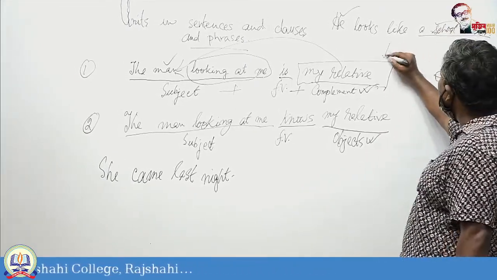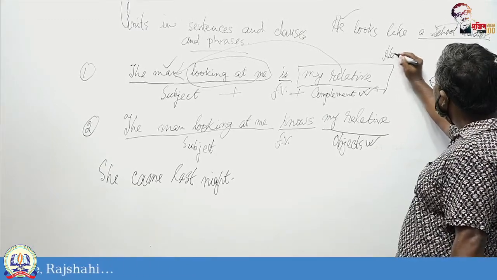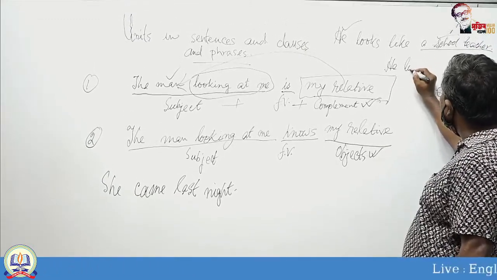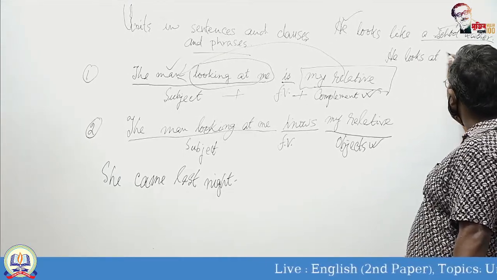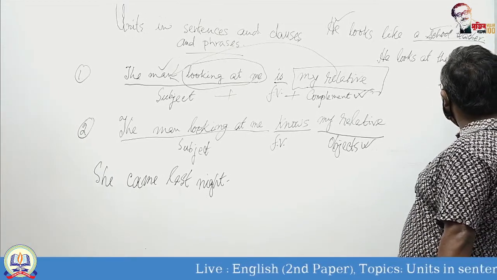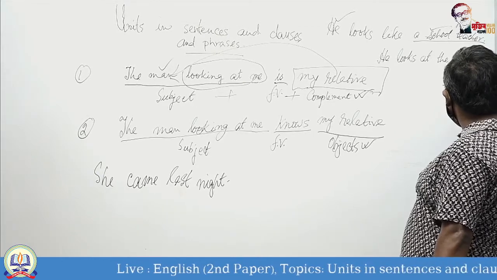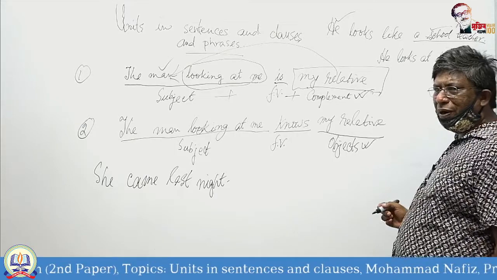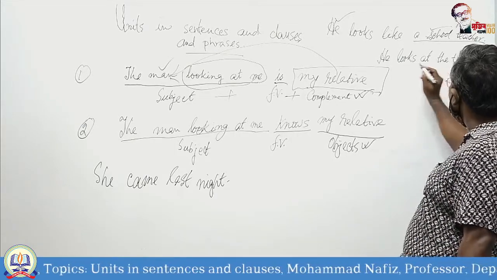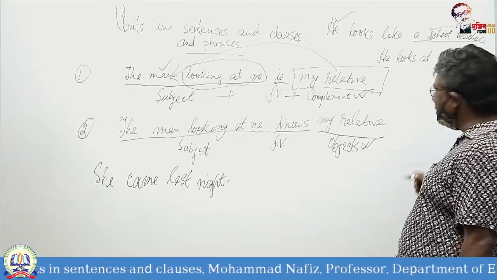But if you have a sentence like this one, he looks at the teacher, the teacher and the subject he are different persons, and you can make this sentence passive.